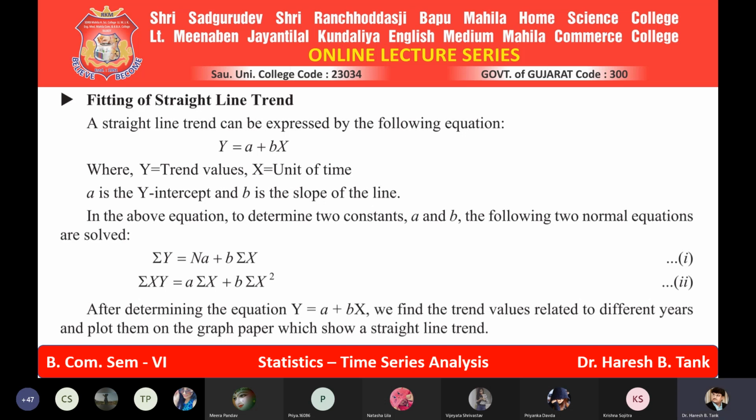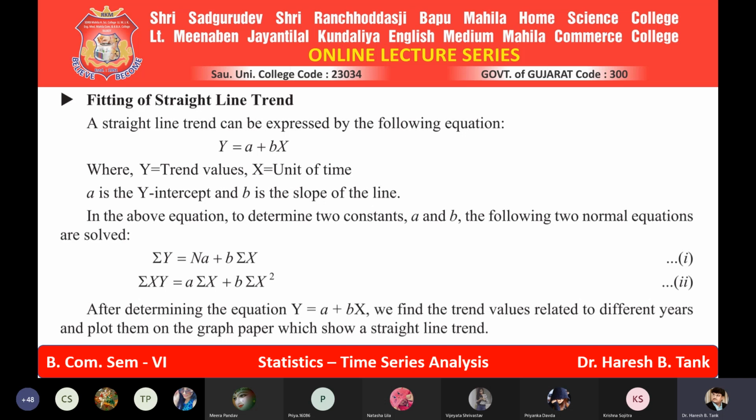Now, left hand side it is y and right hand side it is x. So x is independent, whereas y is dependent on x, and that is exactly what happens with a trend value. Your trend values are always dependent on time. So a generalized linear equation is y is equal to a plus bx.